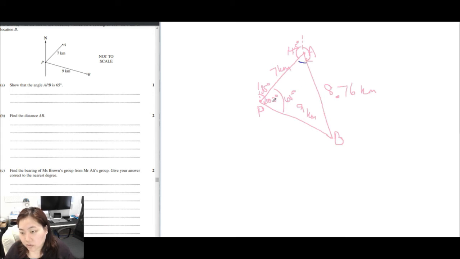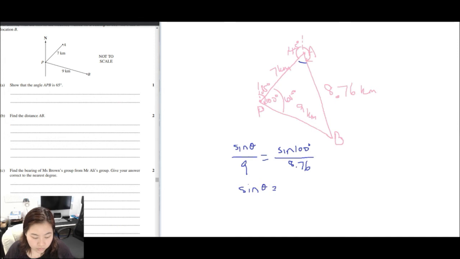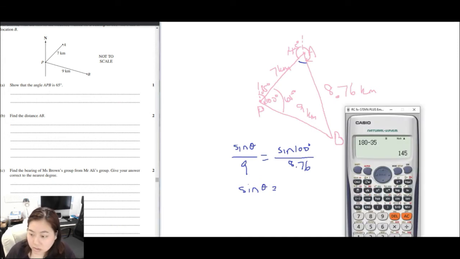This one here, we can use the sine rule to find it. So that's sine theta over 9 is gonna equal sine 100 over 8.76. Sine theta is equal to sine 100 divided by 8.76 times 9.